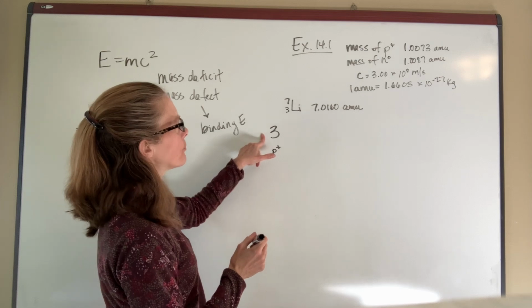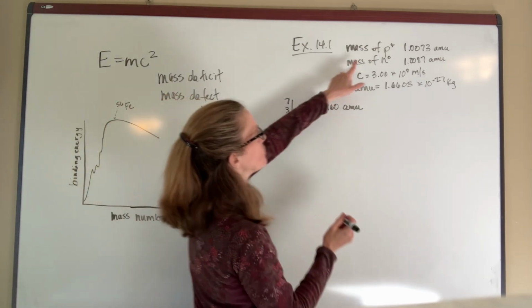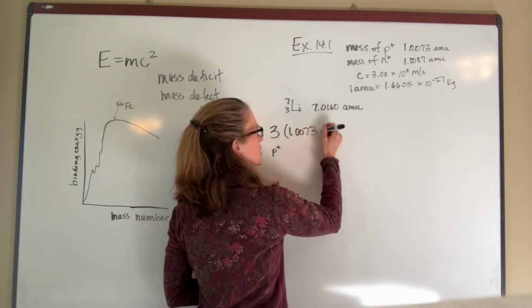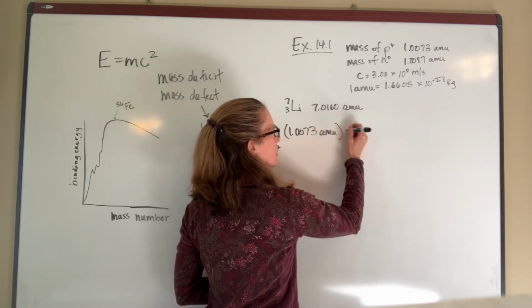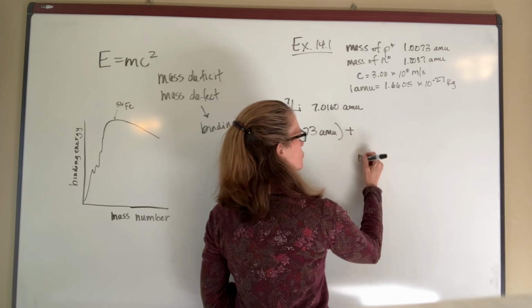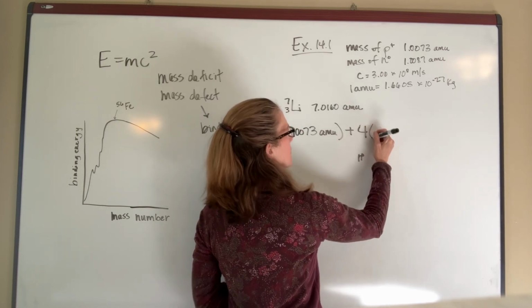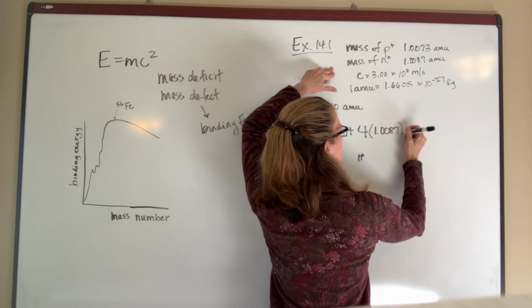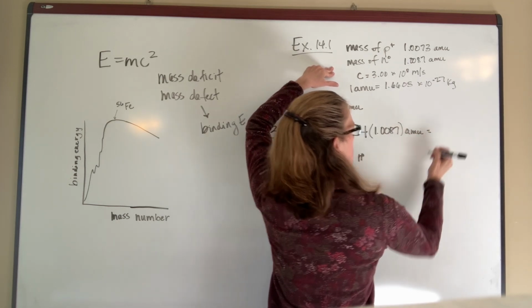So the 3 protons should each have a mass of 1.0073 AMUs. And the neutrons, there are 4 of them, and they should each have a mass of 1.0087 AMUs.